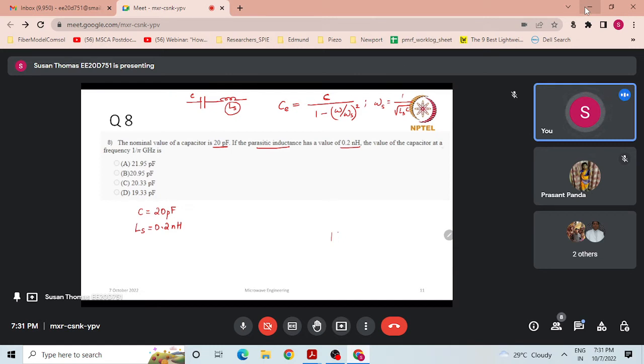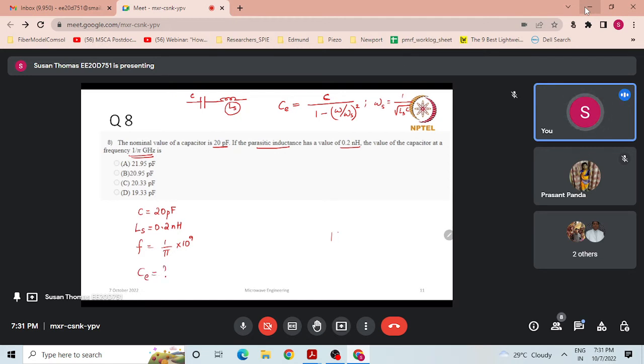We need the effective capacitance at a frequency of 1 by pi gigahertz, so F is 1 by pi into 10 power 9, and you need to calculate CE.